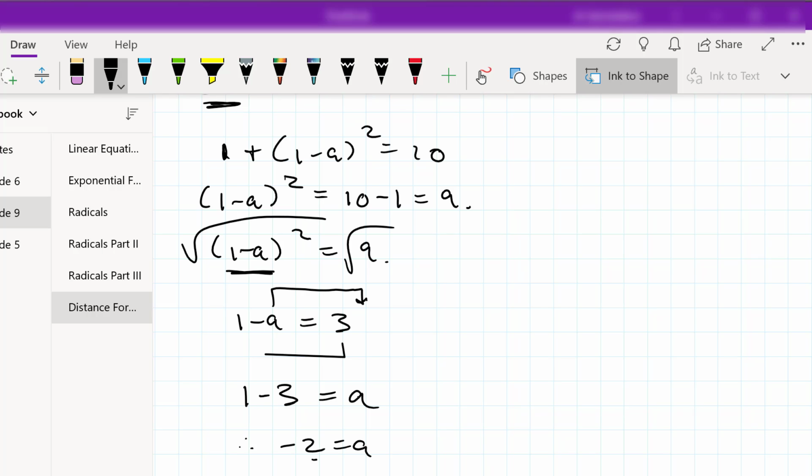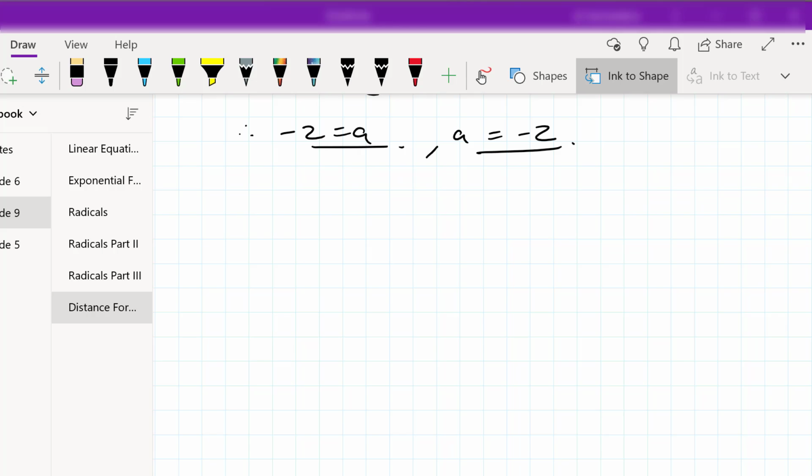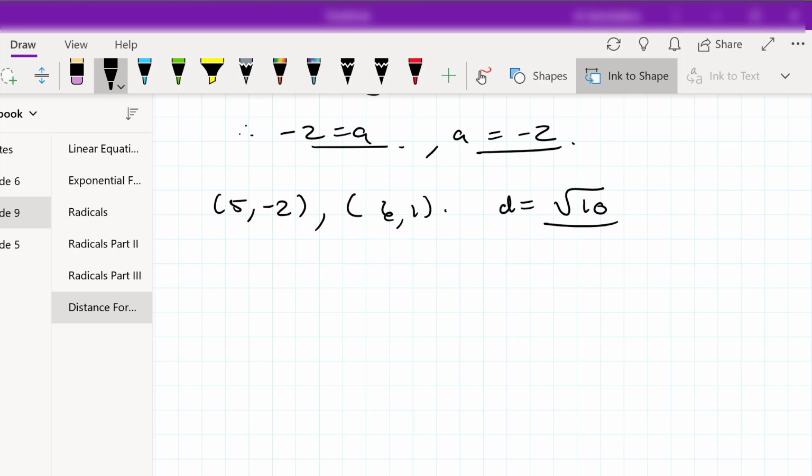Therefore, minus 2 equals a, or a equals minus 2. Therefore, our points are 5, minus 2, and 6, 1. This will give us a distance d of square root of 10, and we can verify that and check.